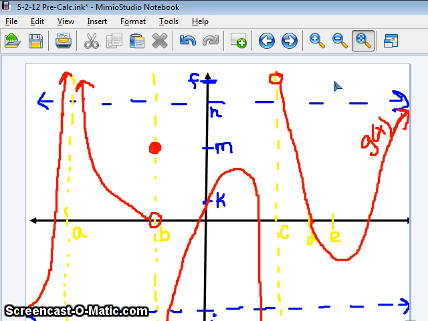Number 10. What is the limit of g of x as x approaches d? D as in dog. Are we converging on one point? Everything coming in and we are matching at, not D, what is my y-coordinate? 0.